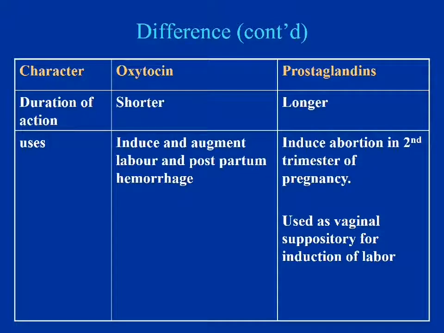It can also be used as an abortifacient in the first trimester, and as a vaginal suppository for induction of labor. Why vaginal suppositories? Because the dose is much lower than the dosage used during induction of abortion, whether in the second or the first trimester of pregnancy.